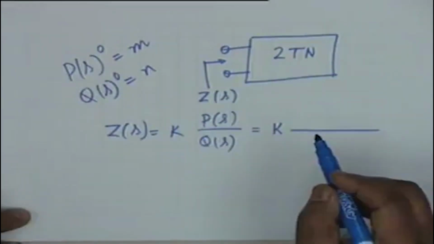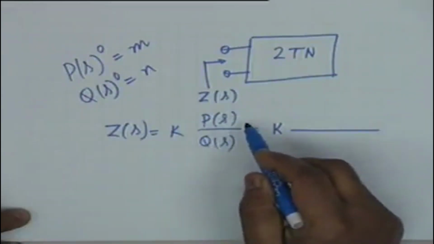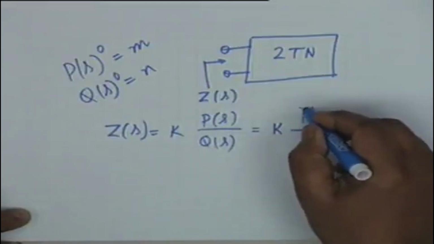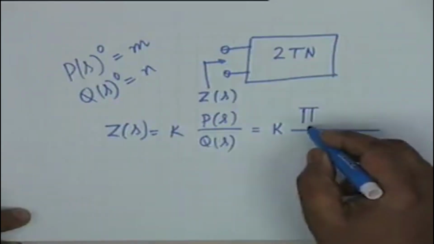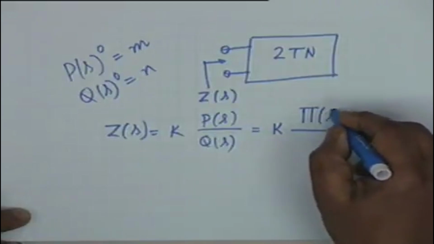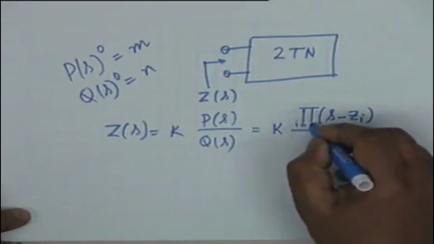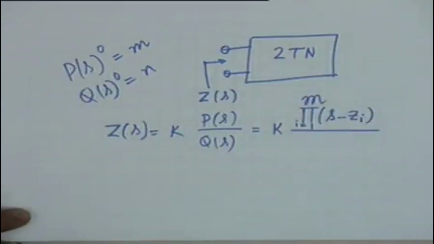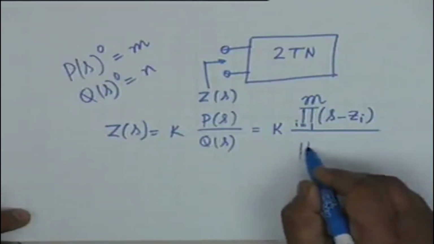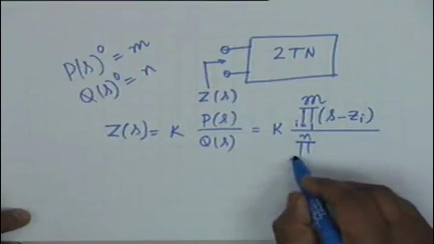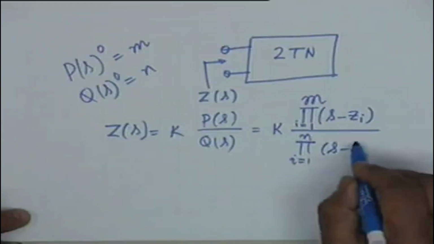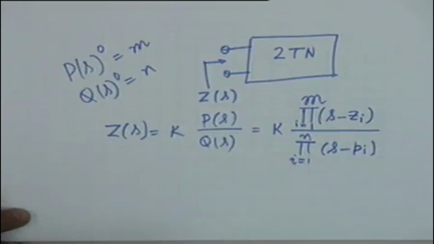If so, then a polynomial of degree M can always be written as the product, are you acquainted with this symbol, of factors like S minus Zi, where i goes from 1 to M. Similarly, in the denominator we shall have the product of factors like S minus Pi, where i goes from 1 to N.